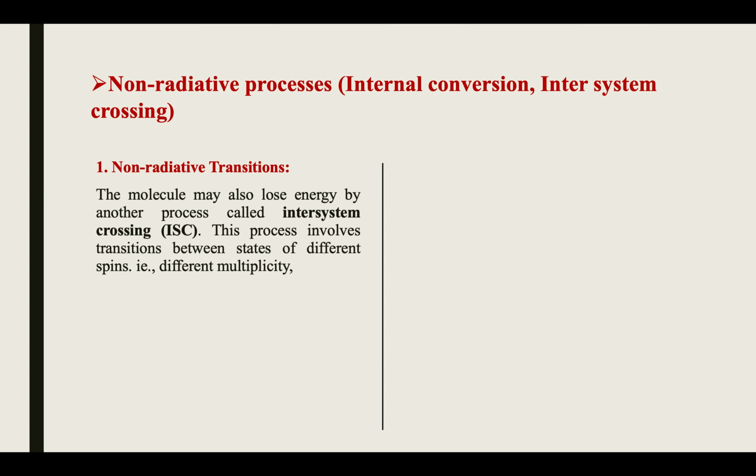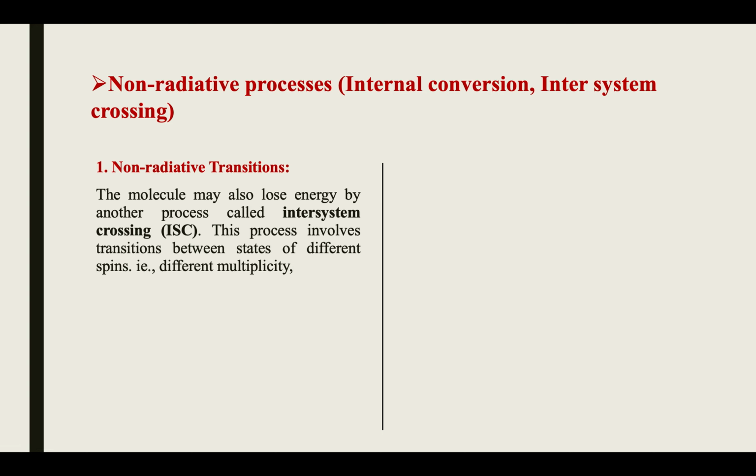Now the second non-radiative transition is intersystem crossing. In this process, the molecule may also lose energy by another process called intersystem crossing. This process involves transition between states of different spin, which can be parallel or anti-parallel.